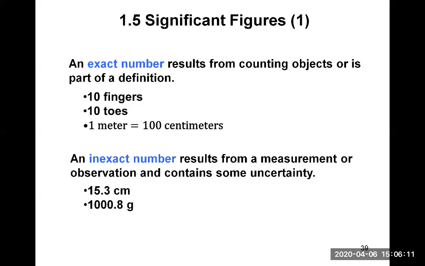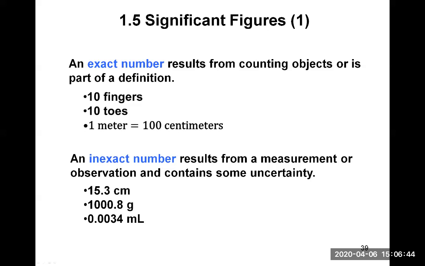The last digit or the last decimal that the balance gives you is an estimated number, because often balances flicker with their last digit, and so that last digit is definitely estimated. That's another example of a measured number that would be an inexact number that would carry uncertainty in the last digit to the right. And here the 8 would be the uncertain number, the estimated one.